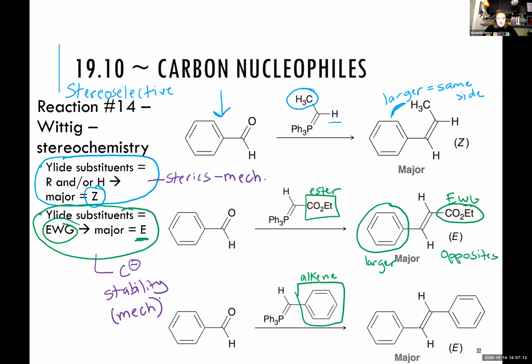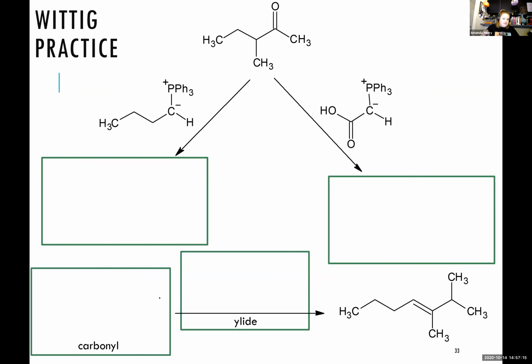Okay, then we're going to practice a couple. I have some boxes and some numbers here. We have a ketone at the top, and we're going to react it with two different ylids.